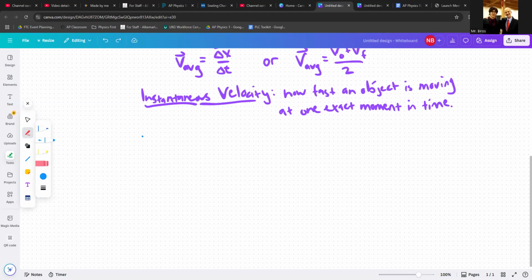All right. Speed is a scalar value describing how fast an object moves.